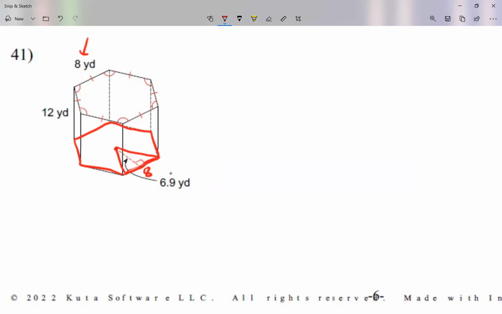So just the one triangle, just looking at that triangle, I will say 8 times 6.9 divided by 2. Just the one triangle, 8 times 6.9 divided by 2. To get the whole base, I'm going to multiply my triangle times 6 because there are 6 sides. So all of this is the base.